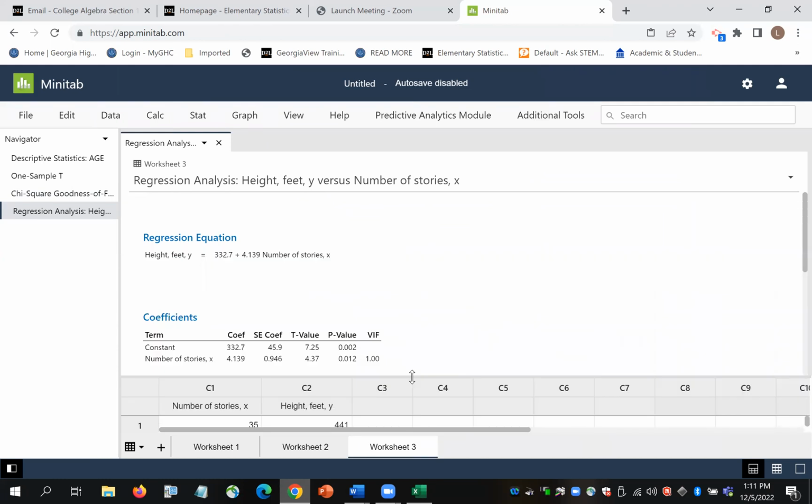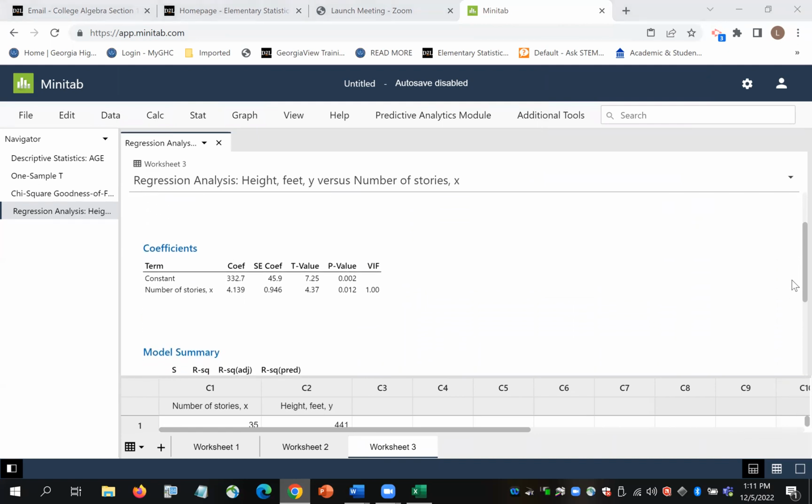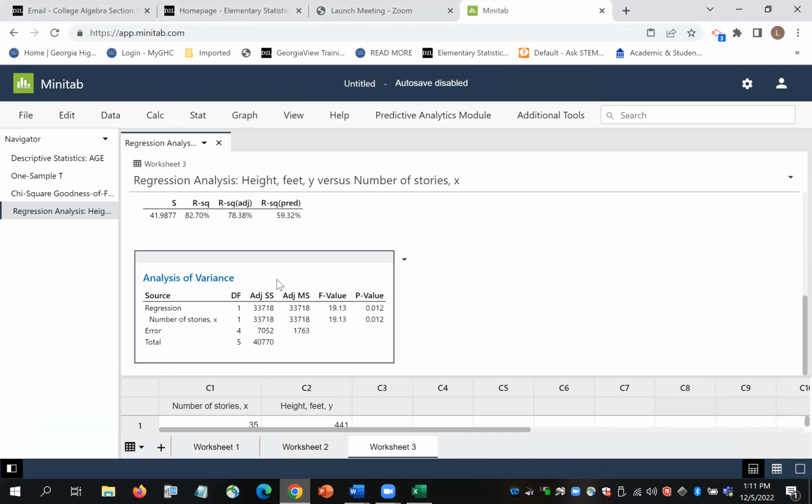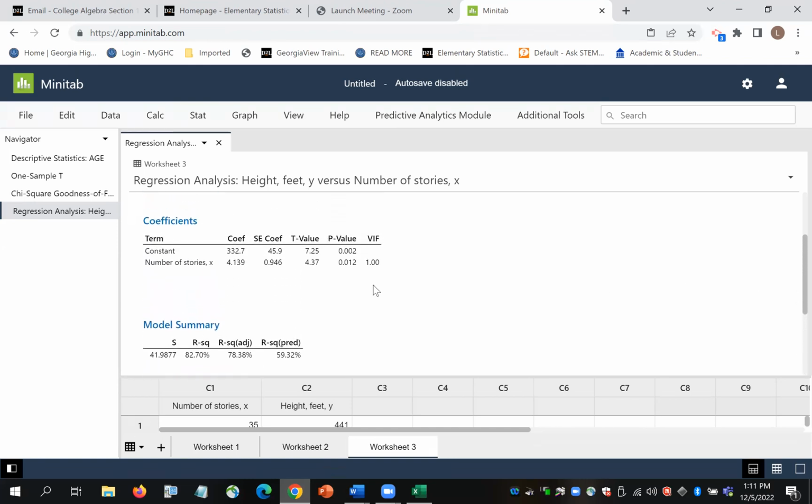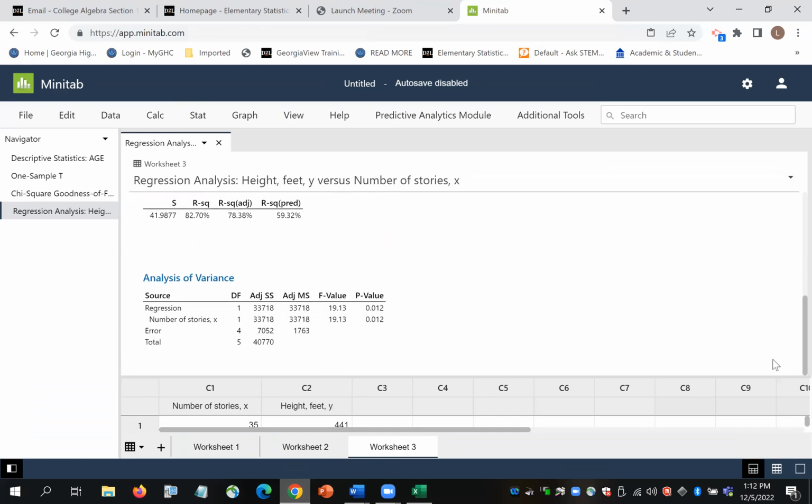It gives you the regression equation, it gives you R squared, and it gives you the p-value. But the p-value that you need is down under the header Analysis of Variance. A student pointed out to me this morning that you also have p-values up here under the header Coefficients. That is not the right one to read. You need the one under the header Analysis of Variance.